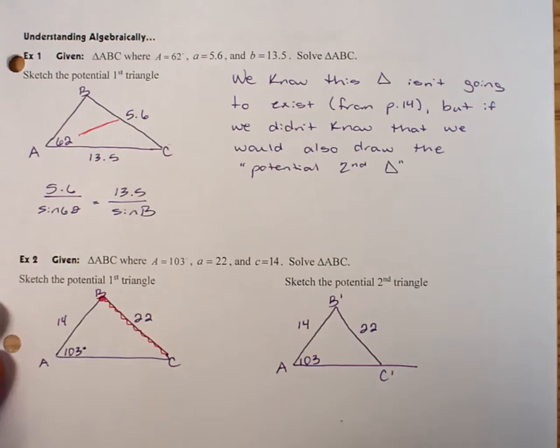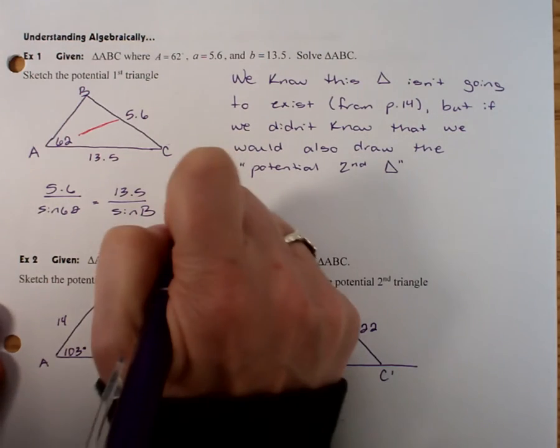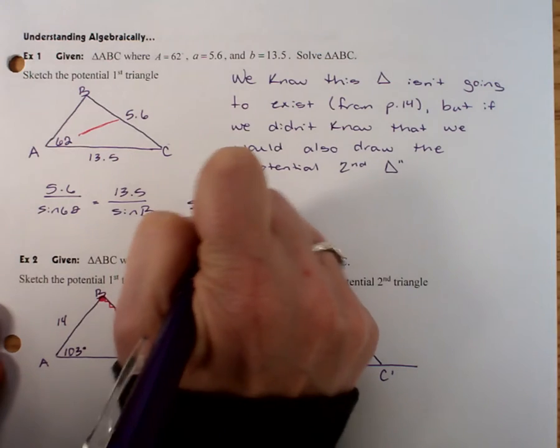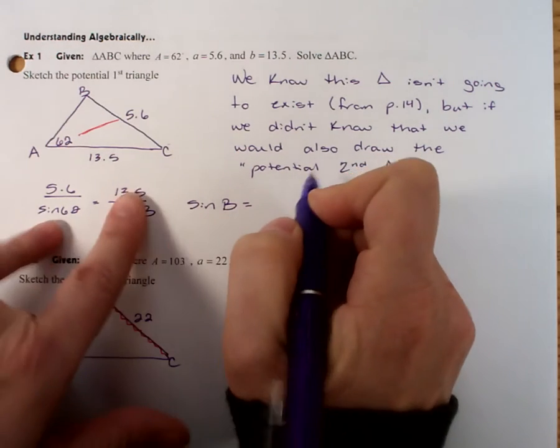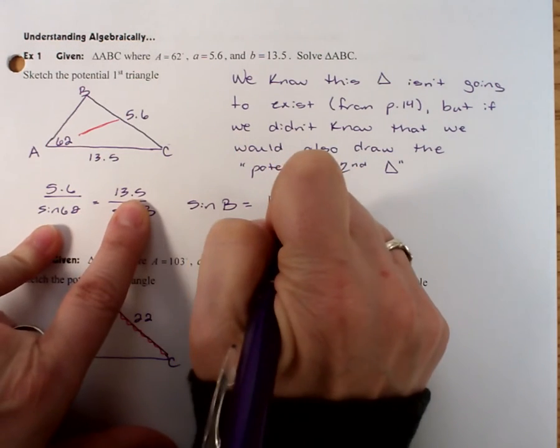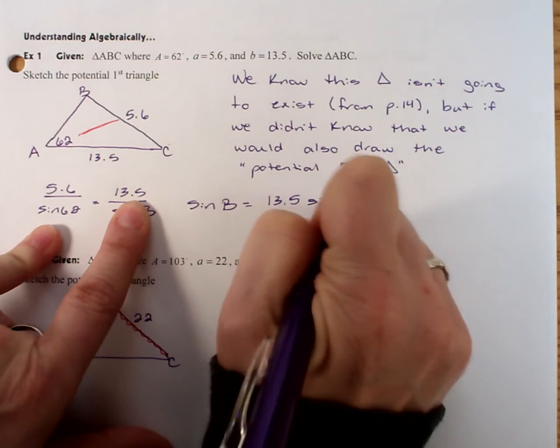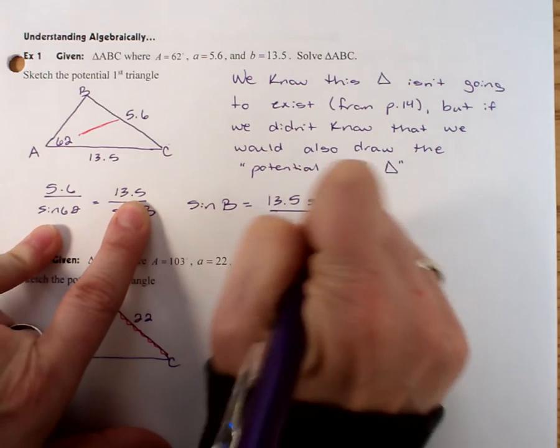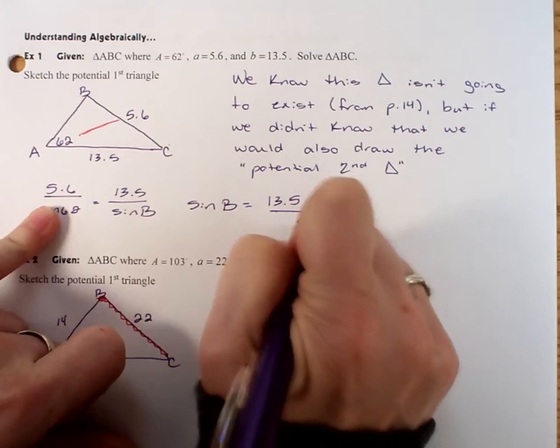If I cross multiply, I end up with sine B equals 13.5 times sine 62, all over 5.6.